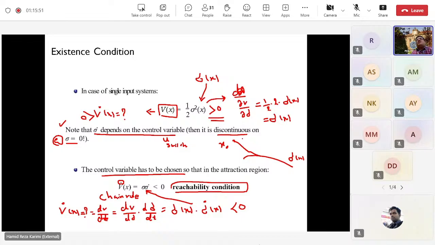So this was basically the reachability condition. If you satisfy this condition, it means that your state trajectories can move to the surface. But of course, after this, there could be some sort of chatter.